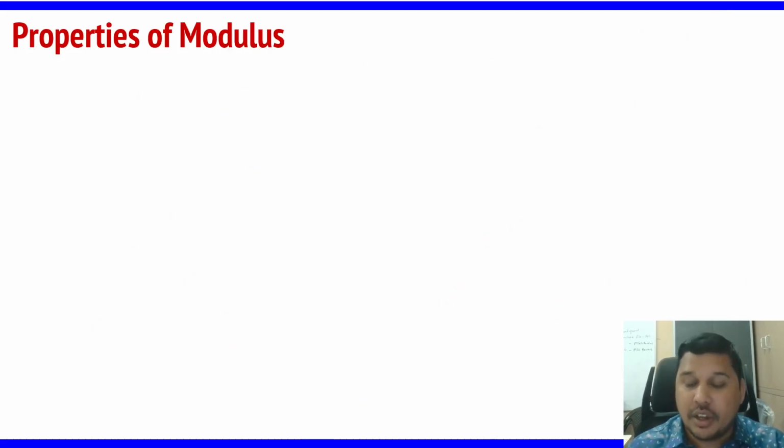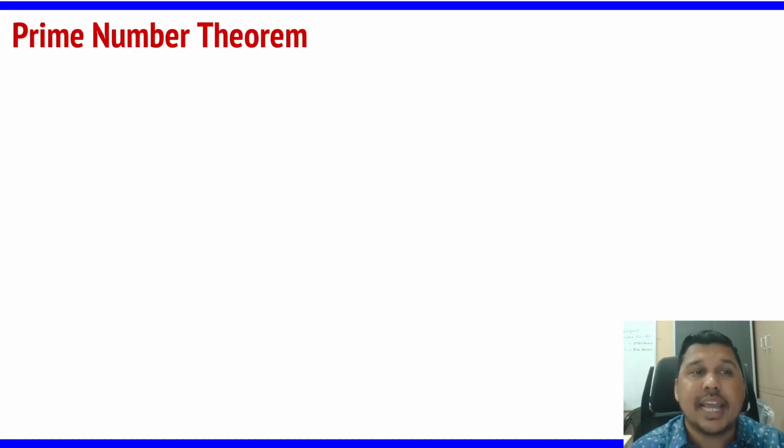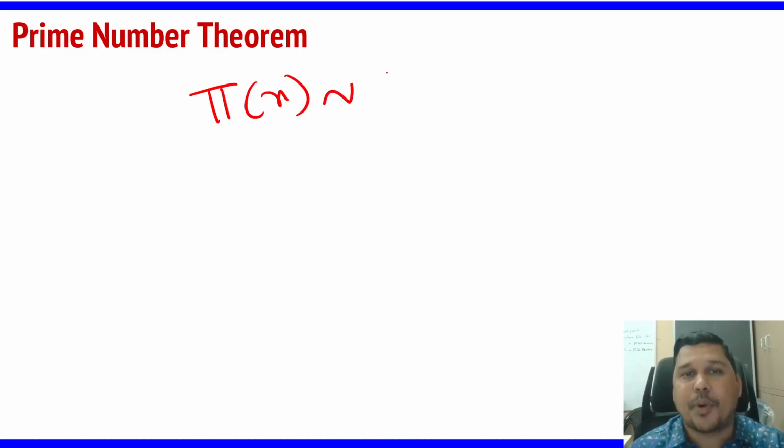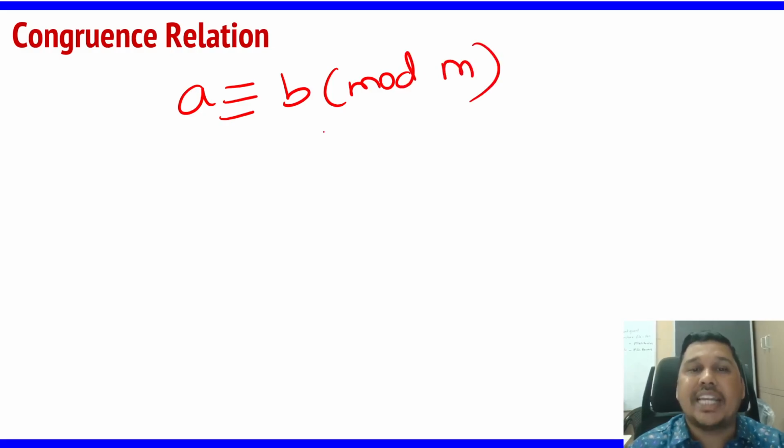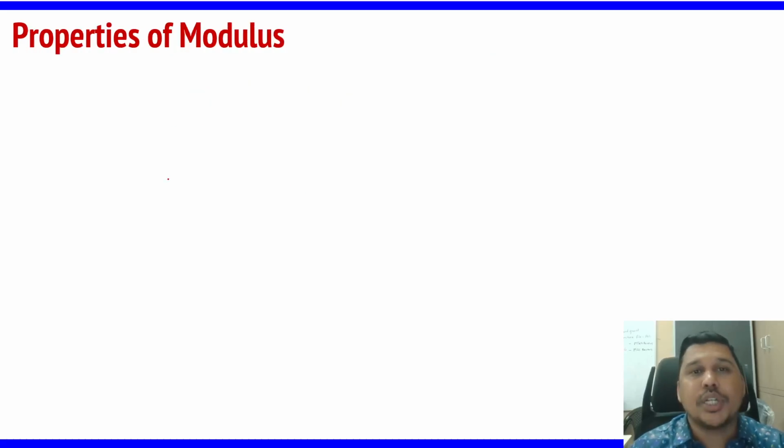So with this, if you summarize what we have studied, we have seen the prime number theorem. It says that the number of prime numbers less than or equal to x is approximately equal to x by log x, right? And the congruence relationship: if you can express a number A as A equal to B mod M in this format, then we say they are in congruence relationship. And we have seen two properties.